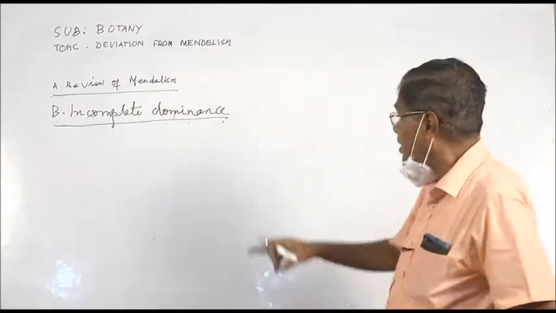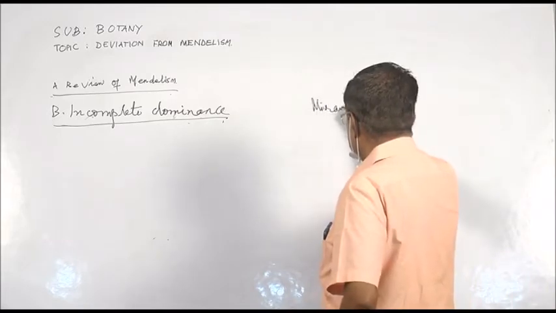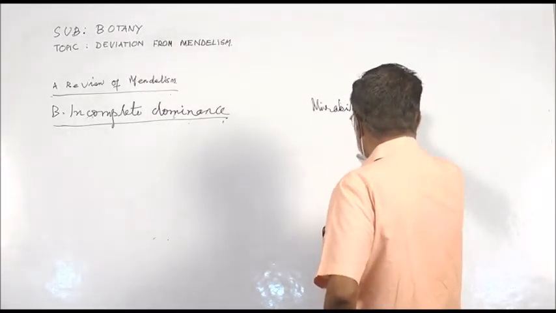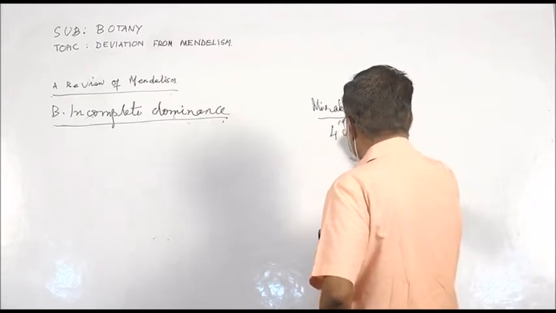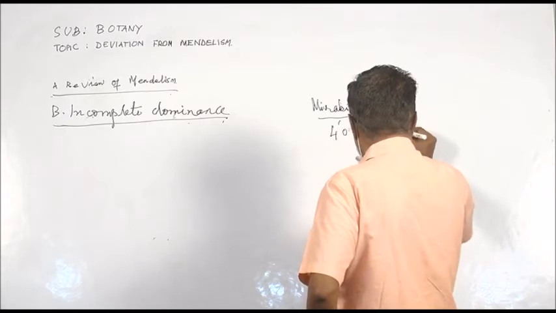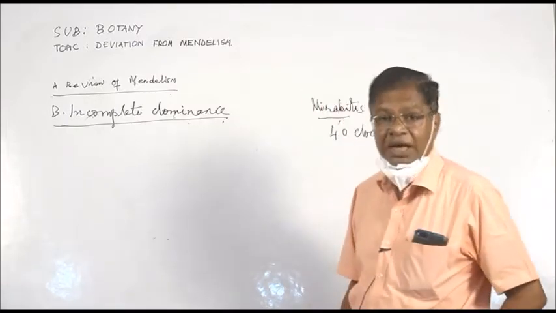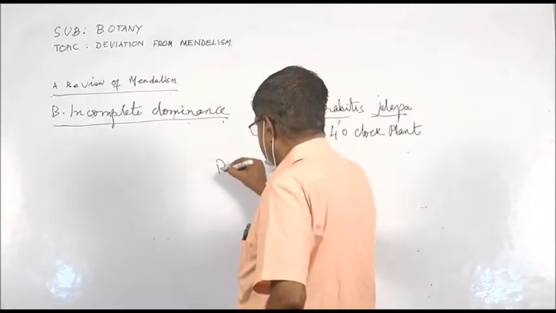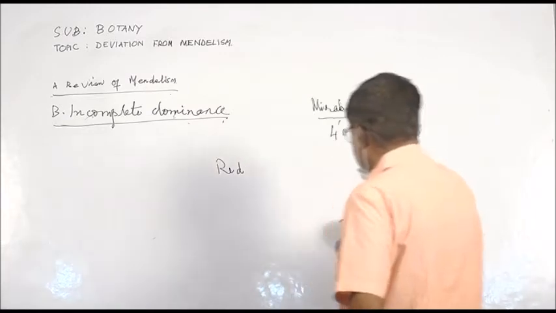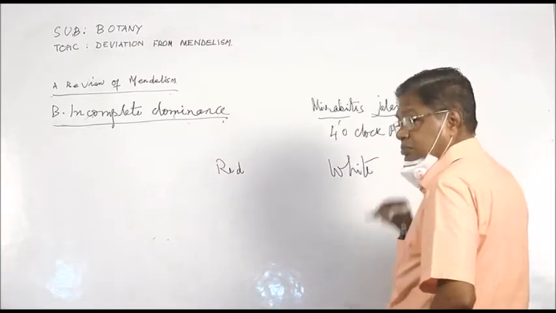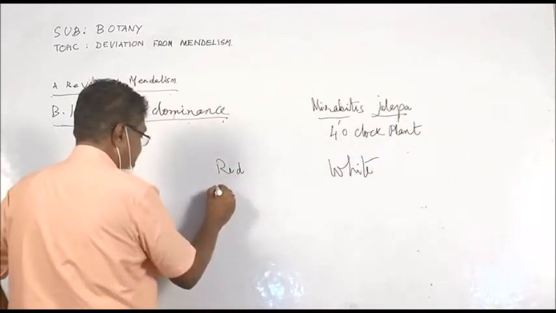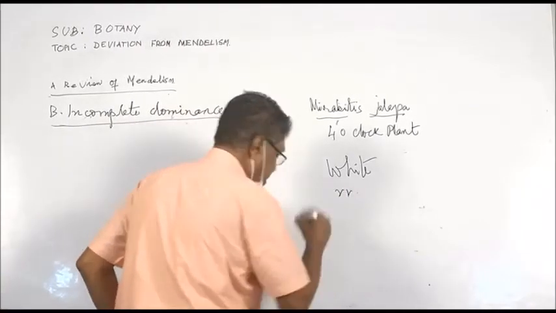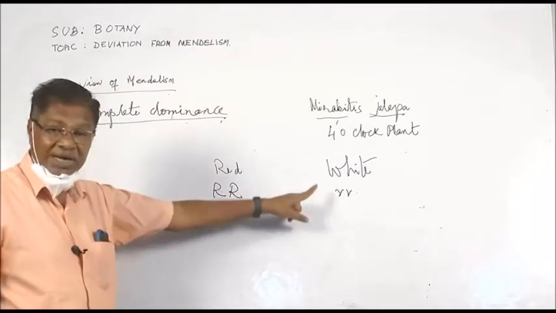In other cases, for example in Mirabilis jalapa, that is the 4 o'clock plant, when red flowered plants are crossed with white flowered plants, red is capital R, pure, both dominant, and white is small r, pure, both recessive.